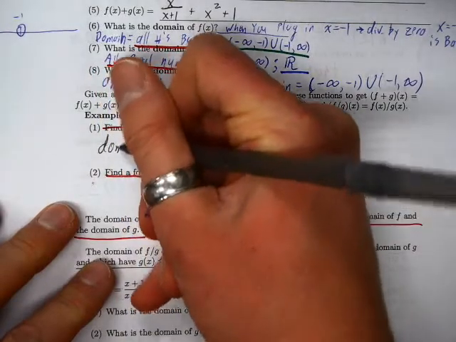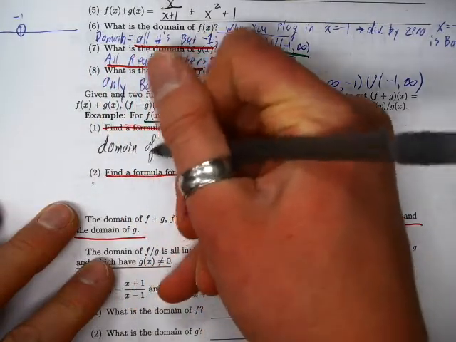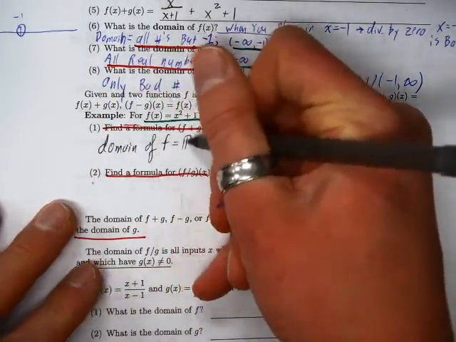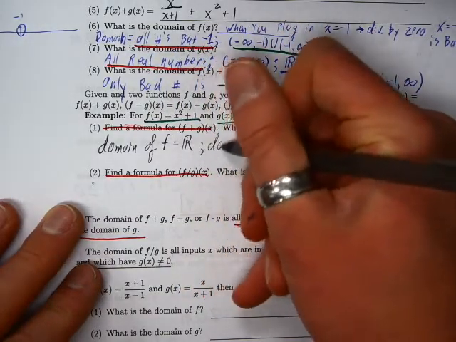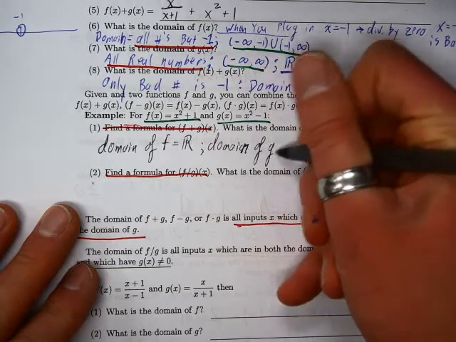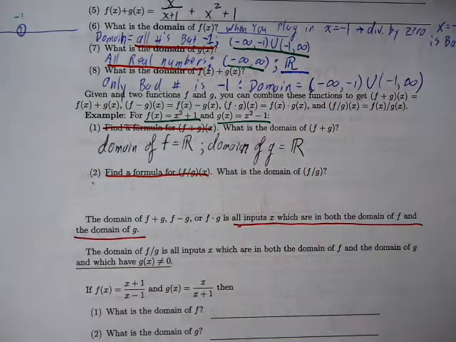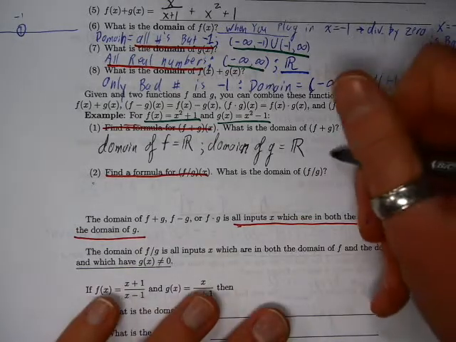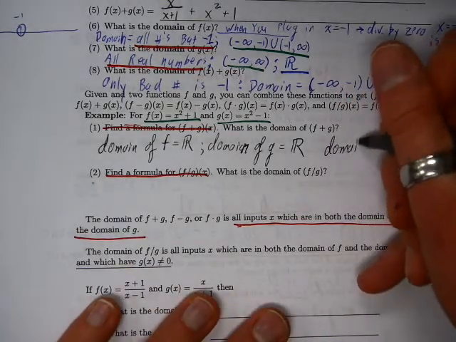So the domain of f is equal to all real numbers. The domain of g is equal to all real numbers. So for f plus g, are there any bad numbers? No. So what's the domain of f plus g?